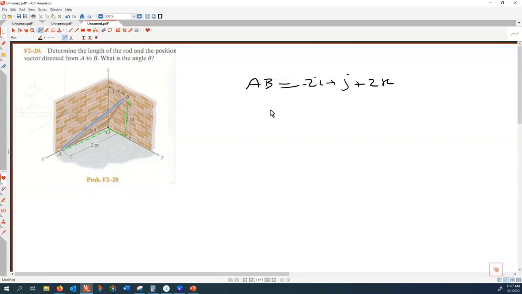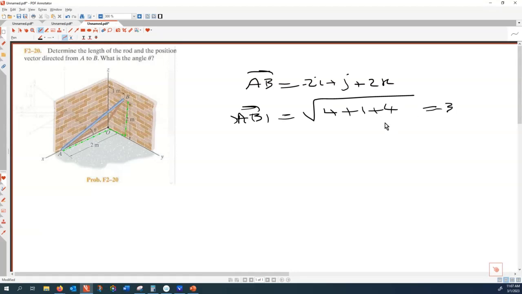All right. And what is the unit vector of that? You have to normalize it. To normalize, first, let's find out the magnitude of AB. That is root 4 plus 1 plus 4, which is 3, right? So easy.